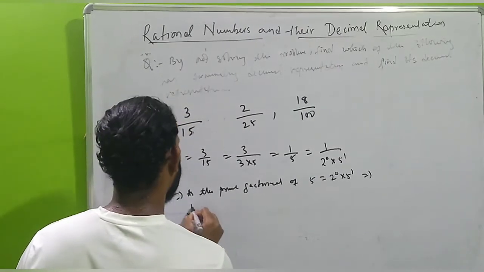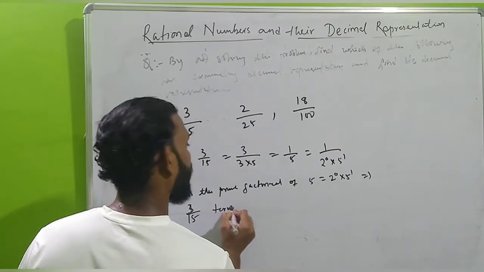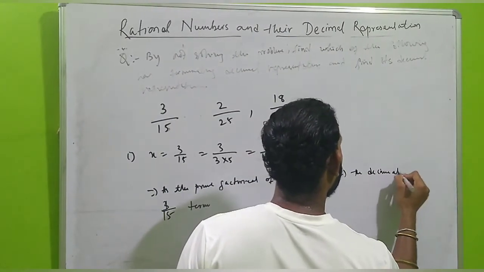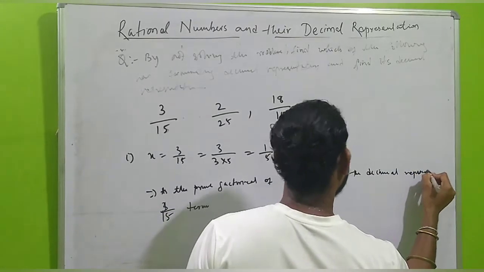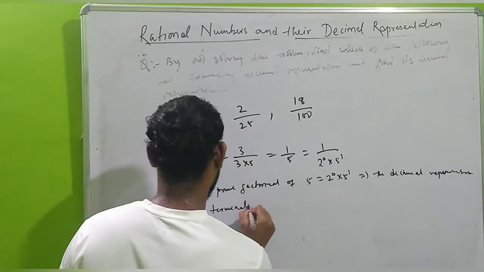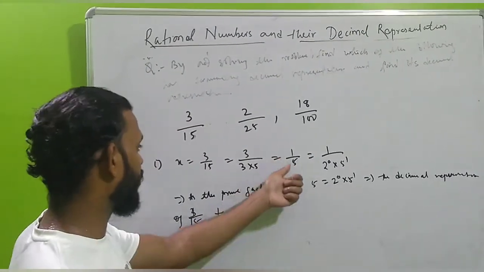This implies the decimal representation of 3 by 15 terminates. Okay, so it terminates.